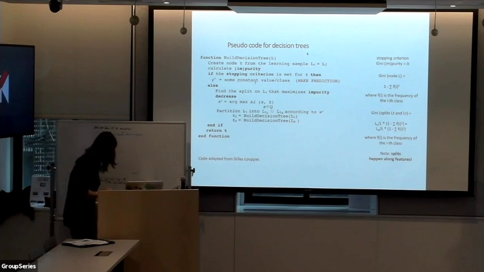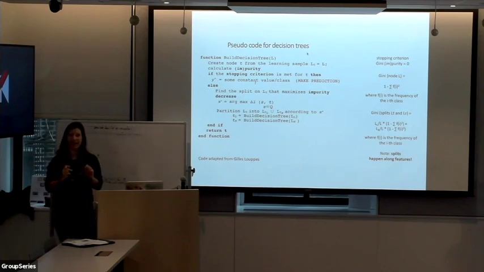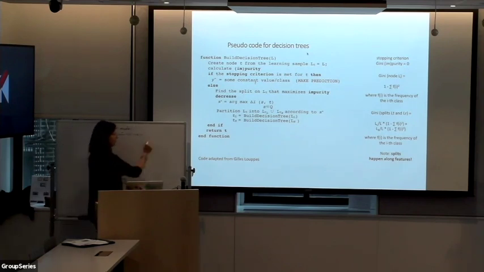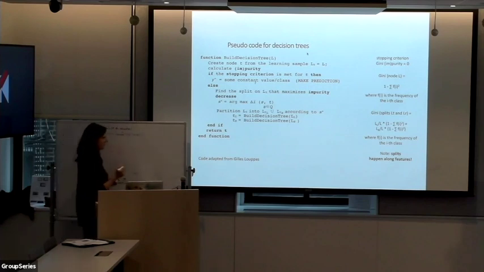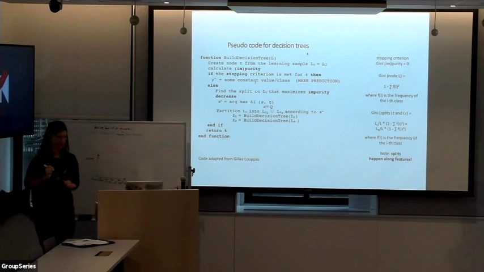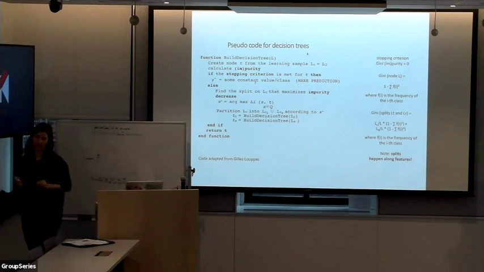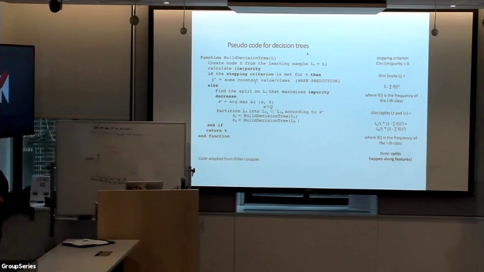To have a simple example, if you have a box with 3 crosses and 4 circles, then the Gini impurity of the sample is going to be 1 minus 3/7 squared minus 4/7 squared, because you have 3 out of 7 in one class and 4 out of 7 in the other class. This defines how impure my box is.